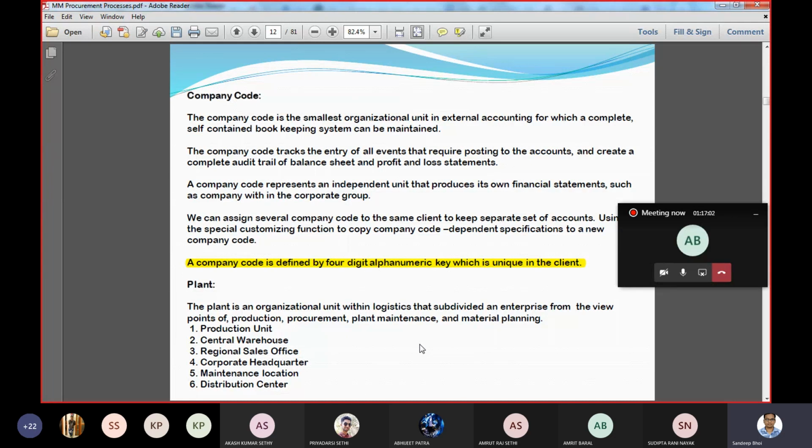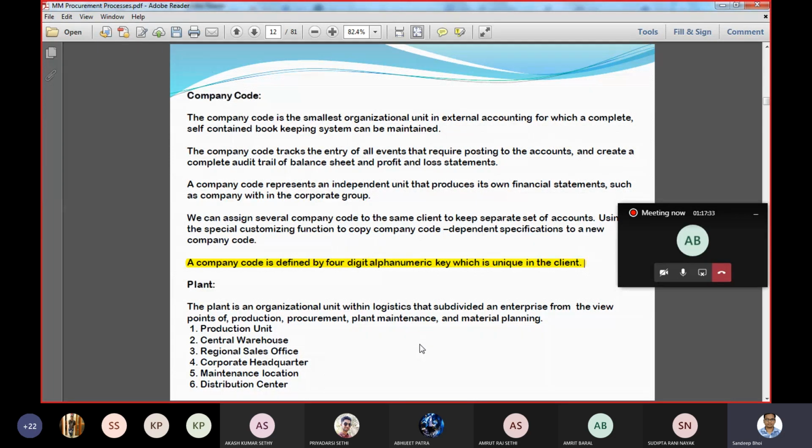A client will be assigned a 3-digit numeric key, but a company can be assigned a 4-digit alphanumeric key, like 1000 or 2000 or 100A, 100B, like that.